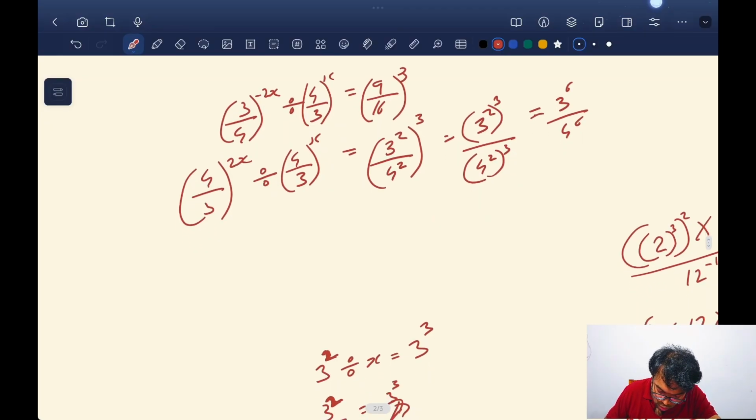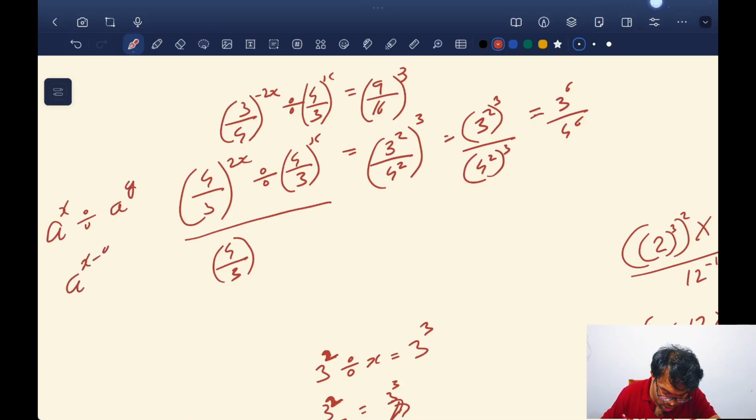Solve these two here. 4/3 the whole to the power 2x divided by 4/3 the whole to the power of x, what will it become? a to the power of x divided by a to the power y, what will it become? a to the power x minus y.